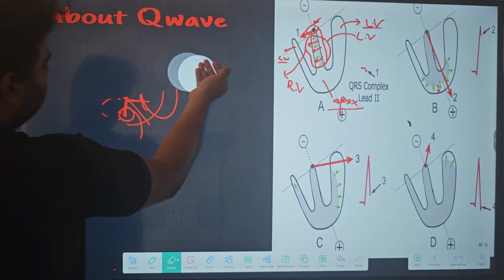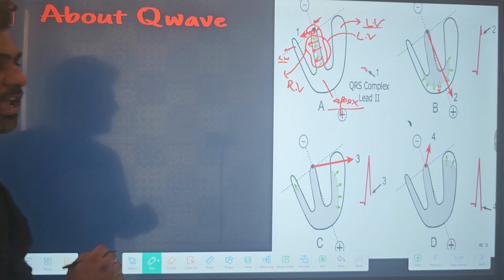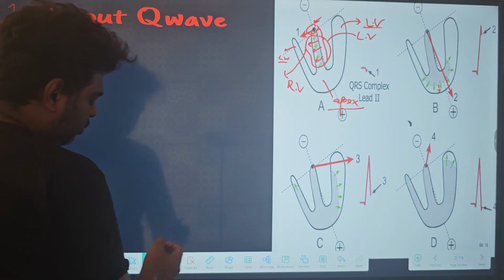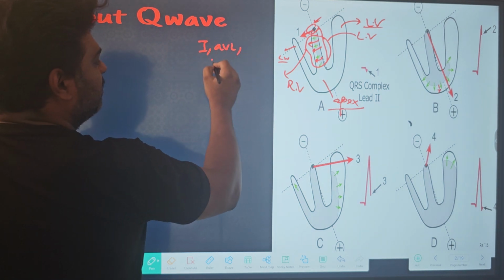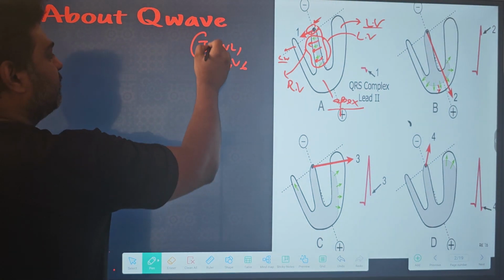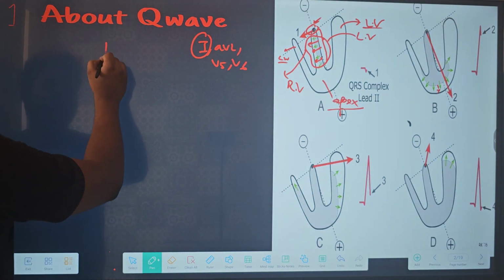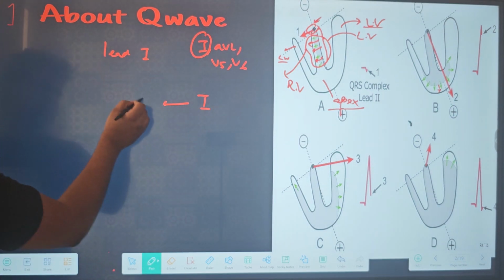Now, since the septum depolarization occurs from left to the right, if we take any lateral lead, I have already told you that lateral leads are lead 1, AVL, V5 and V6. Let's take lead 1 for example. If we see lead 1, which is a lateral lead, that means it is seeing the heart from here.